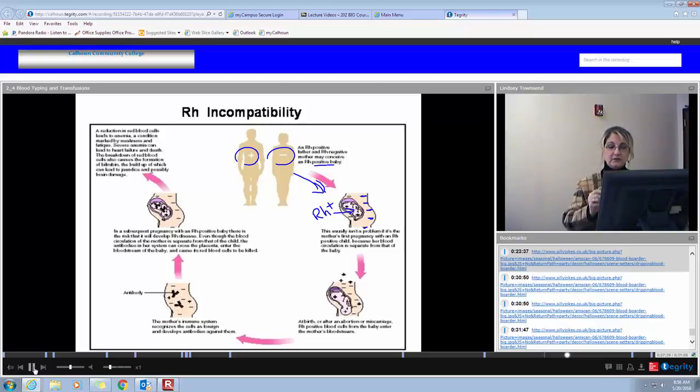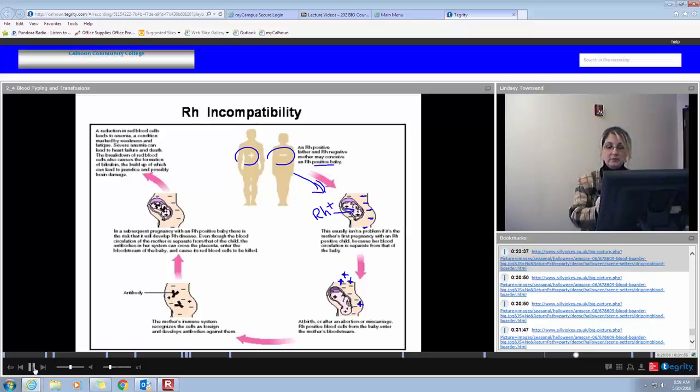Now that can cause some spillage of that fetal Rh positive blood into mom's bloodstream. Now, you've already seen what happens on the last slide. We talked about what happens when anybody gets exposure to Rh positive blood cells if they're Rh negative. Well, what happens? They start building up antibodies.